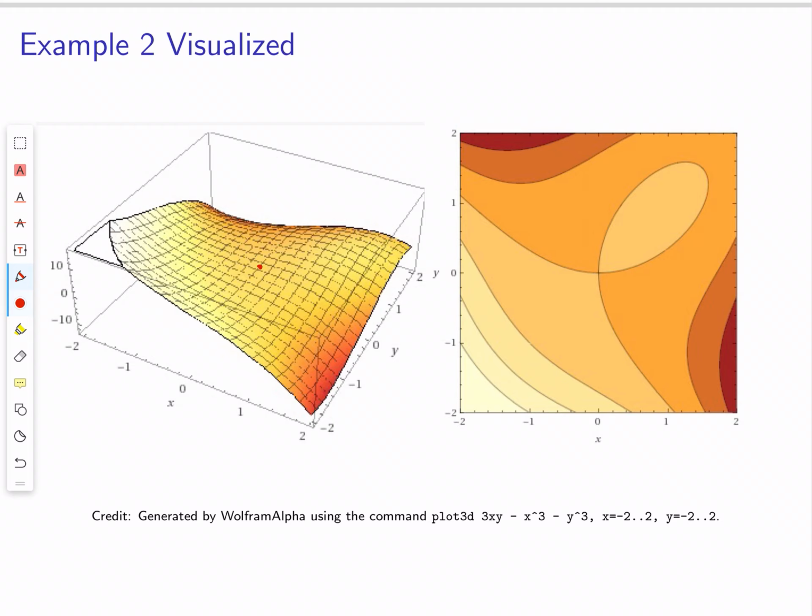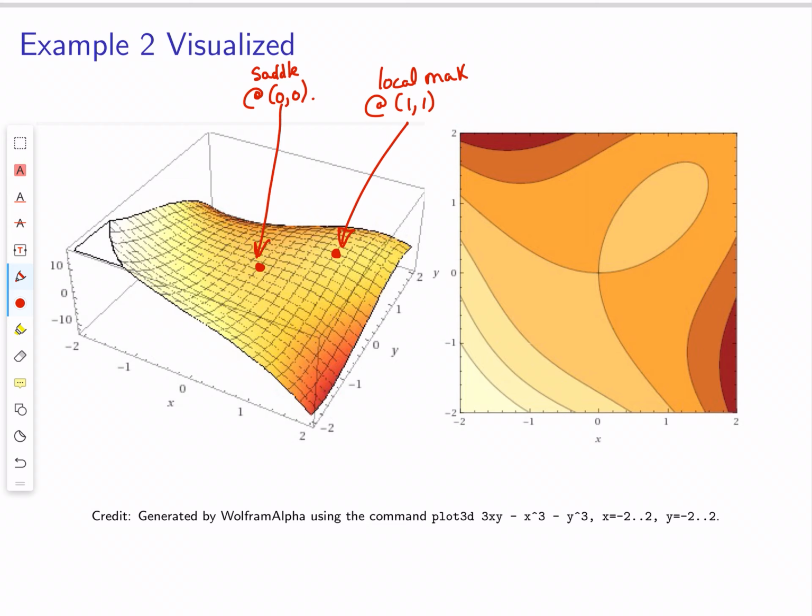What about the point (1, 1)? This is really unsatisfying. My apologies for this. At the point (1, 1), there's a local maximum. That is much easier to see. So there's a local max at the point (1, 1). And this one here, that was the saddle. So there's a saddle at the point (0, 0).